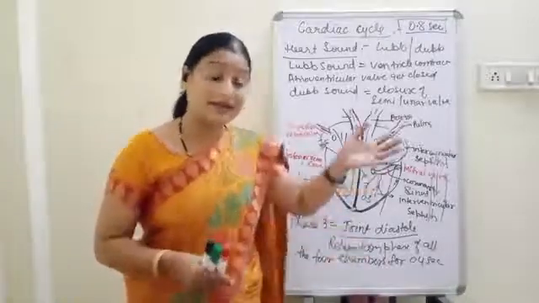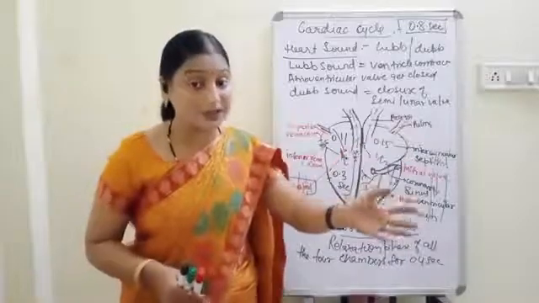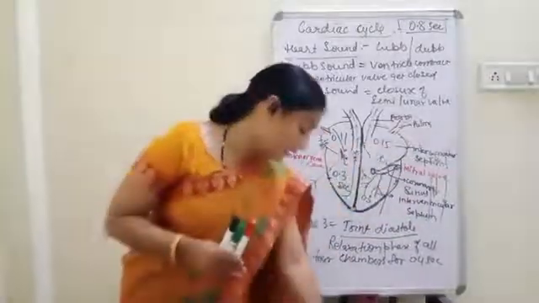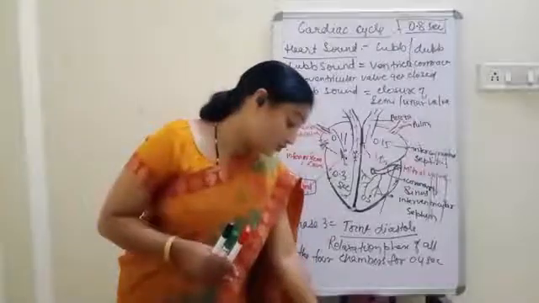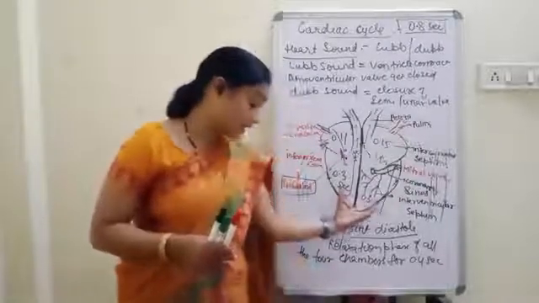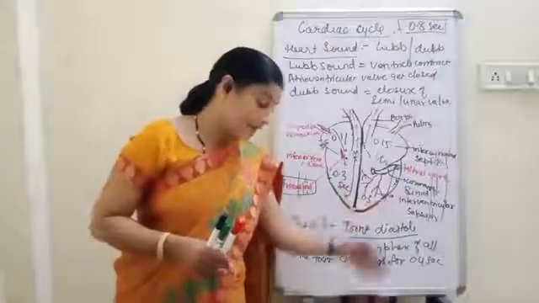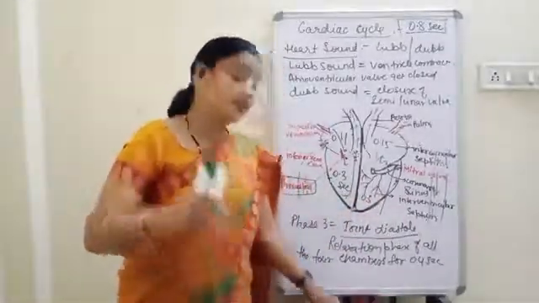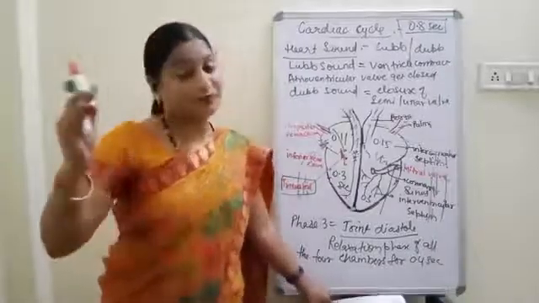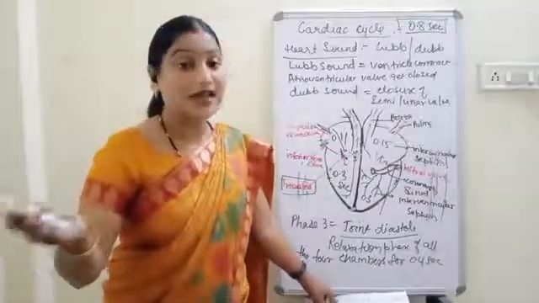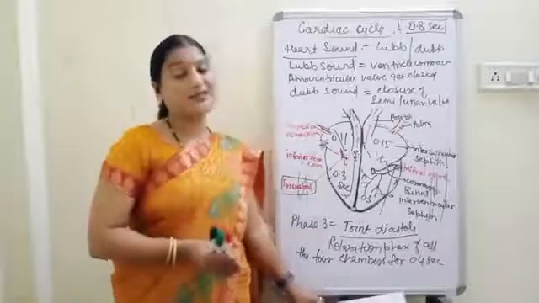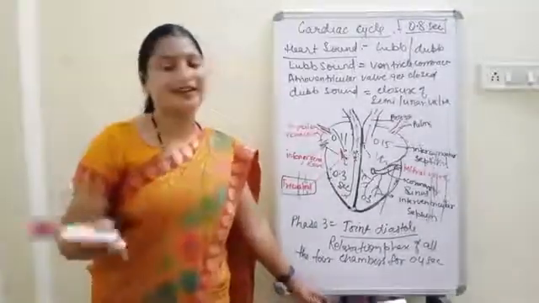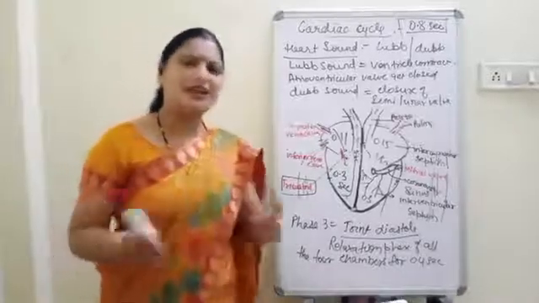Blood enters into the heart with a high pressure, that is systolic pressure 120 mmHg, and diastolic pressure is exerted during the relaxation of the ventricle, and it is about 80 mmHg in the normal person. Now, more than that, people will suffer from high blood pressure, and less than that, people will suffer from low blood pressure.